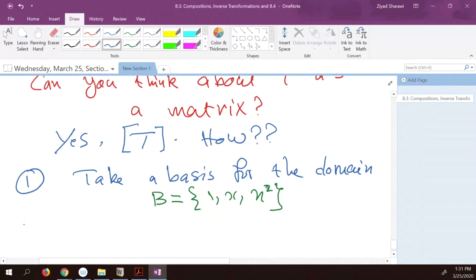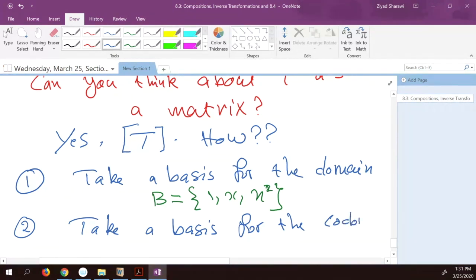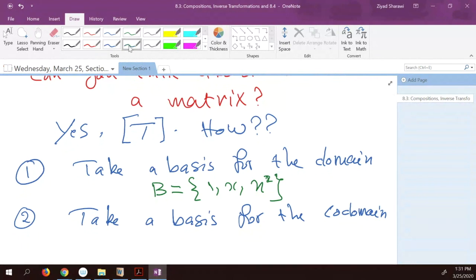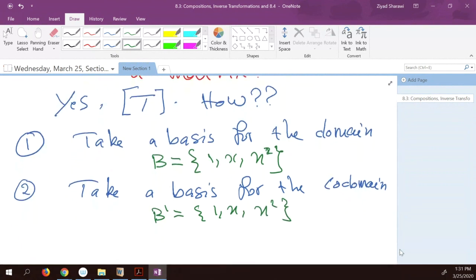Step 2, take a basis for the range or the codomain. Let's call it B prime. I want to take the same standard basis. Now, step number 3.